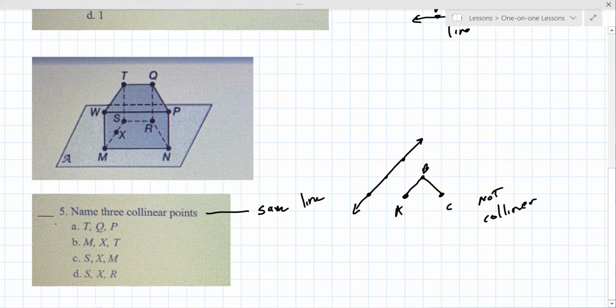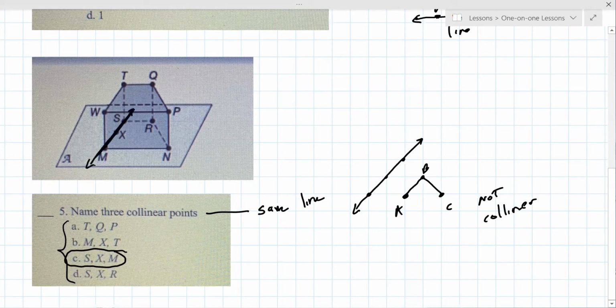Do you think it'll be multiple choice on your quiz? I'm not sure. She hasn't told us yet. Okay, because the way this would be asked is like, give me 3 collinear points. Like M, X, and S are collinear, and there it is, right there, because they're on the same line here.